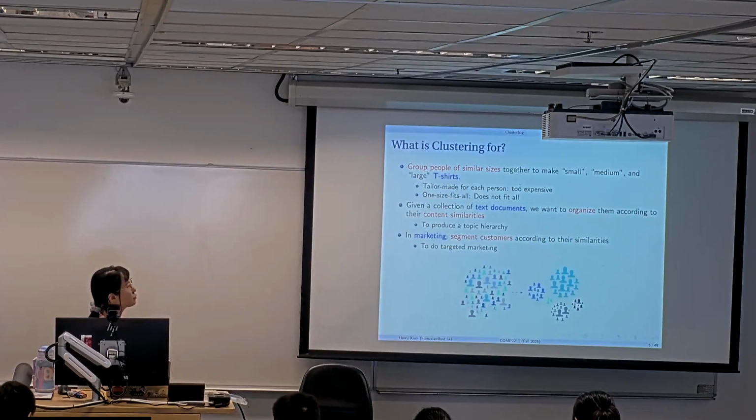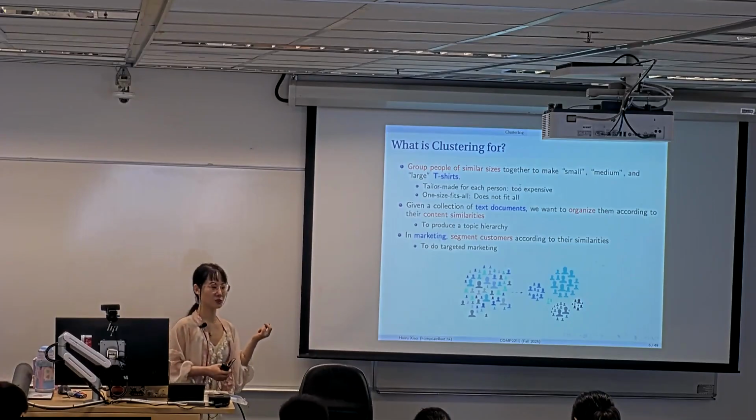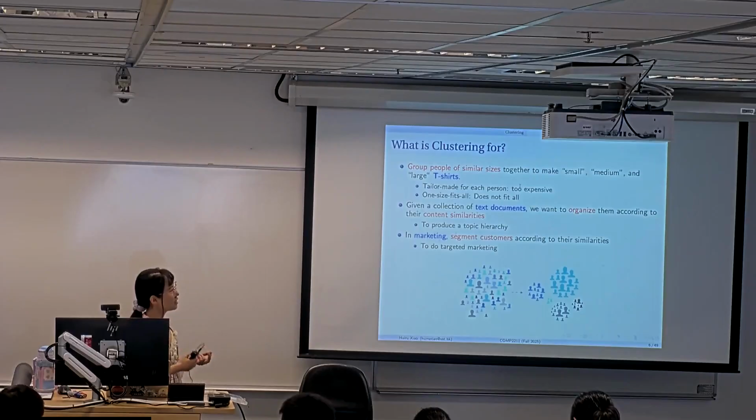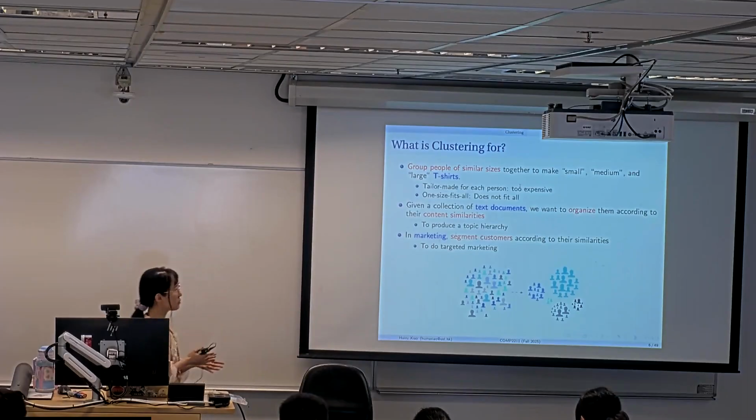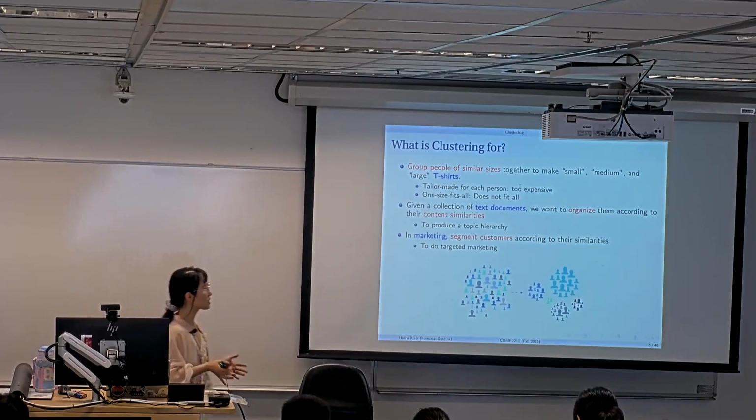What is clustering for? Here we provide some real-world examples. For example, when you go to buy t-shirts or any clothes, we know that basically we have different sizes: S, M, L, and possibly XS, XL, some sizes like that.